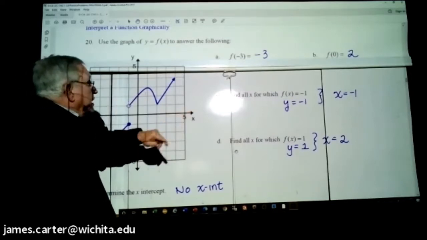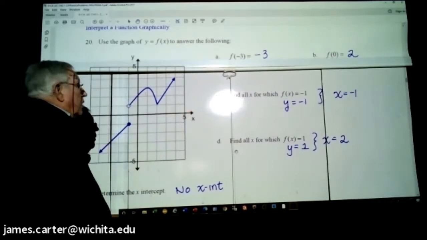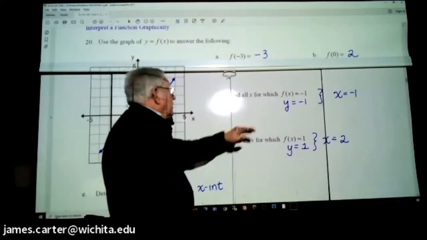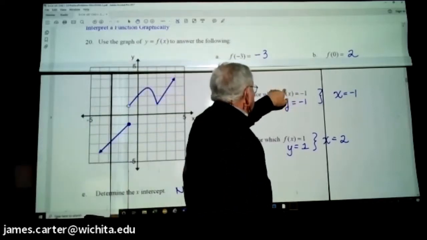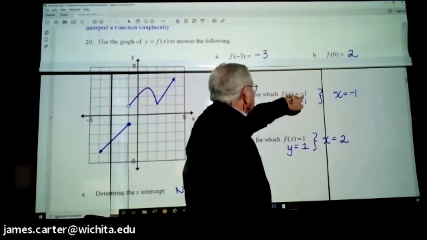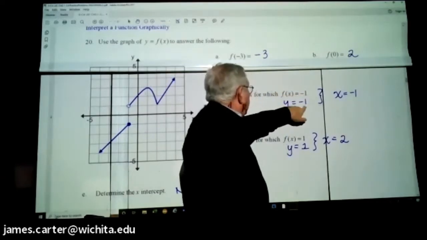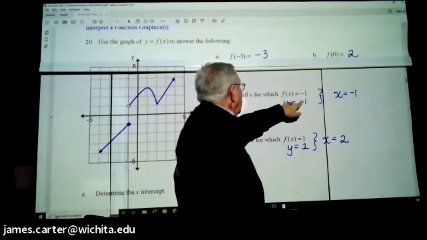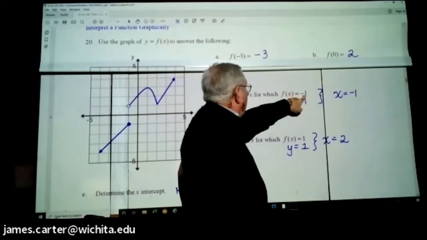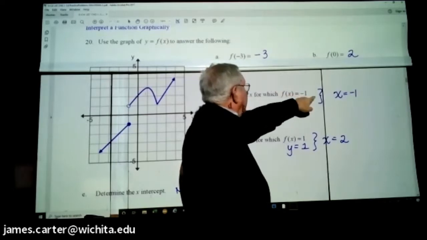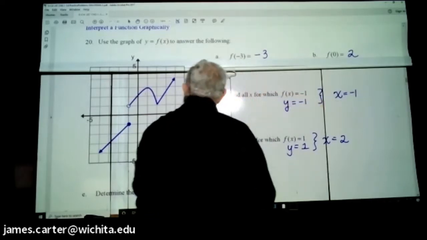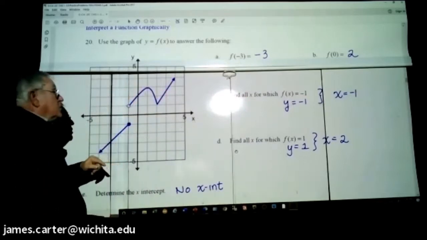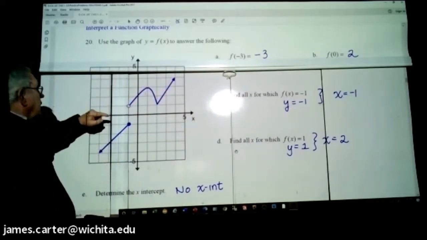On item C, now, what this one is telling you is that y is equal to -1, or it can be rewritten this way. So they're telling you, find where y is -1, and then find x. So that problem is just the opposite of the first two.